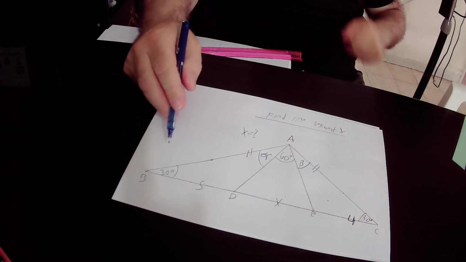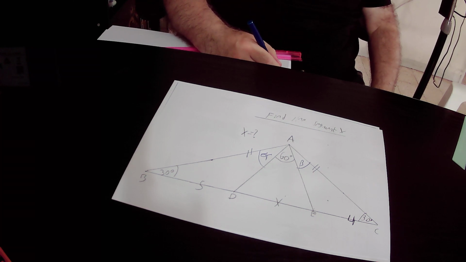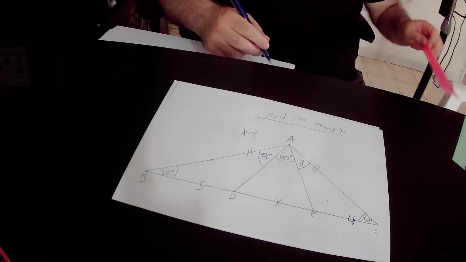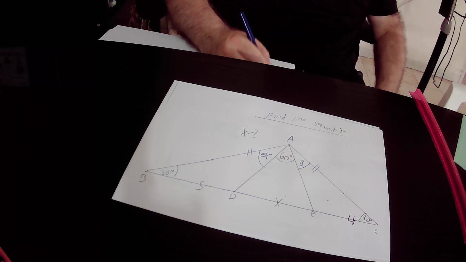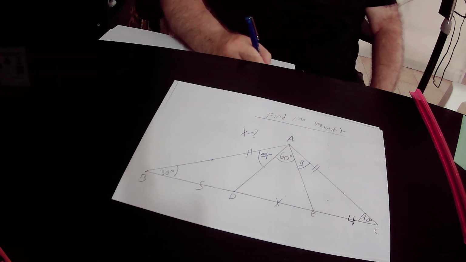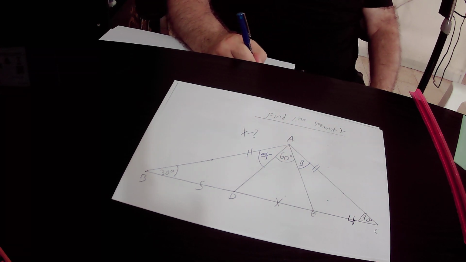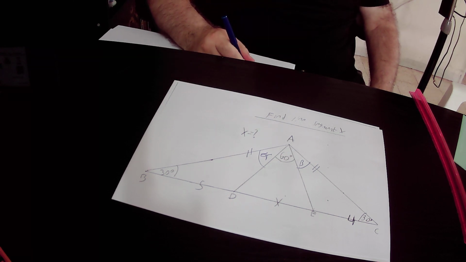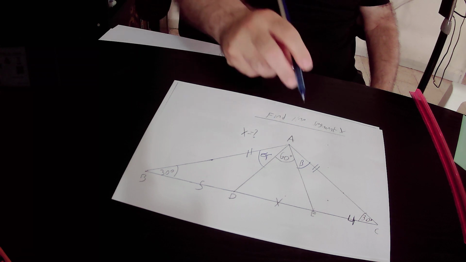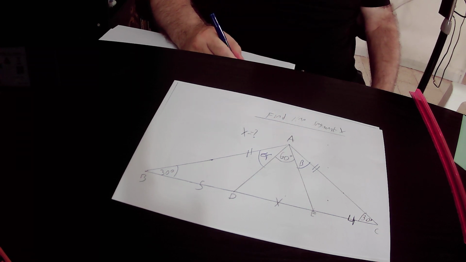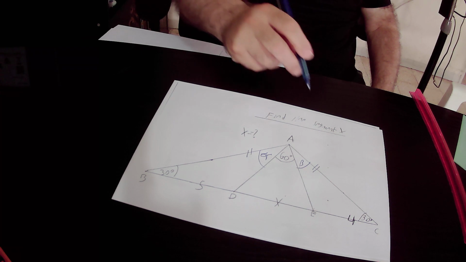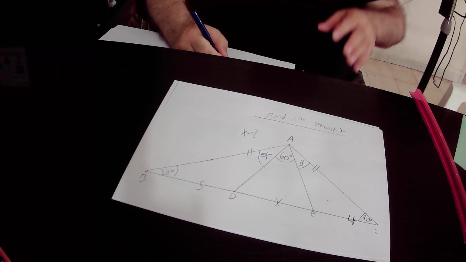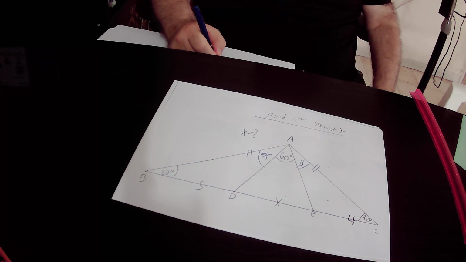We have this angle that is equal to 30 degrees, plus this angle that is also equal to 30 degrees, plus this angle that is equal to alpha according to our definition, plus this angle that is equal to 60 degrees according to what is given in the question, and plus this angle that is equal to beta according to our definition. So in total, the sum of those angles must be equal to 180 degrees.